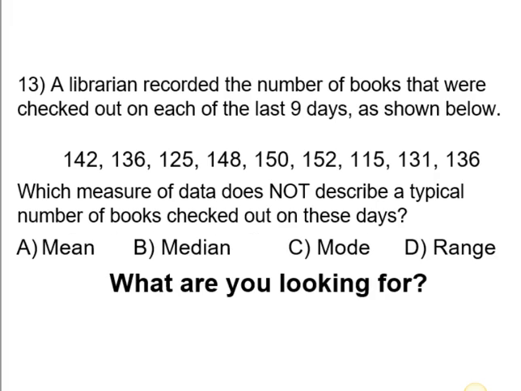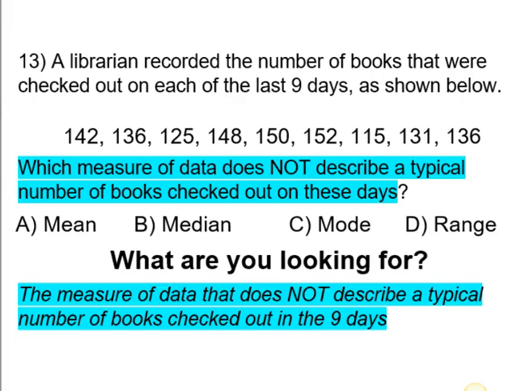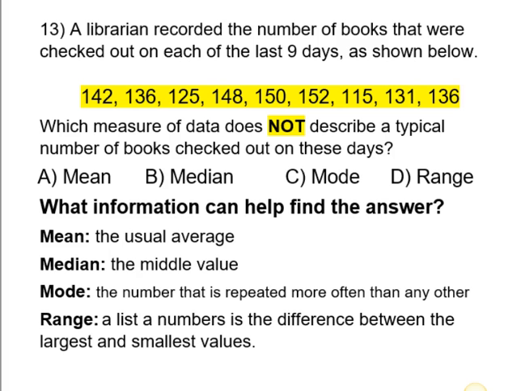What are we looking for? We are looking for the measure of data that does not describe a typical number of books checked out in the 9 days. What information can help us find the answer?